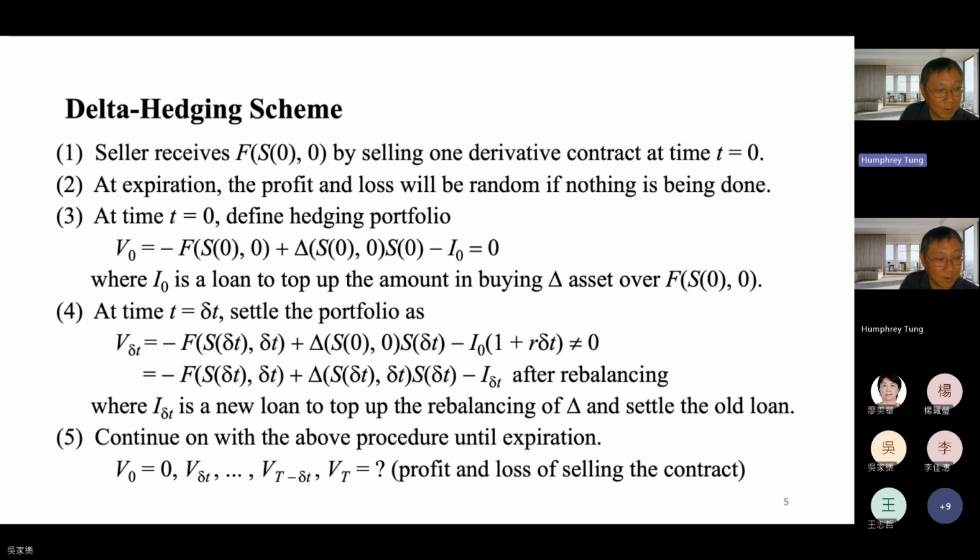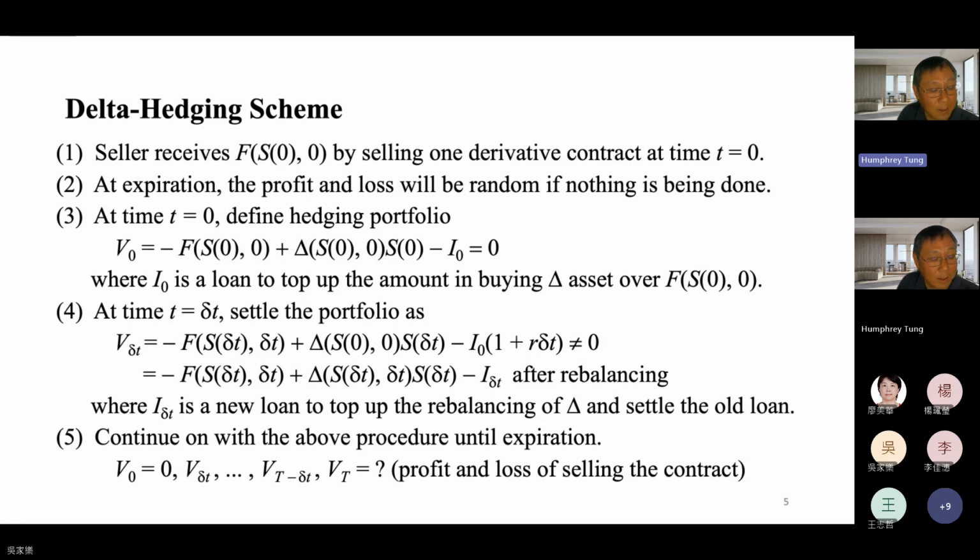During the rebalancing period, the seller's portfolio itself is always zero, because you take into account the option, the asset price, and the bank, and we call that self-financing. So the three add up to zero, one delta t at a time, always being zero.